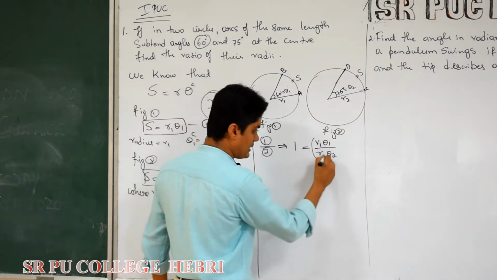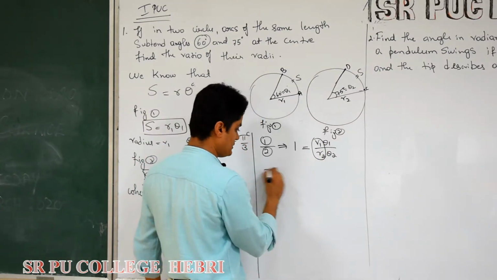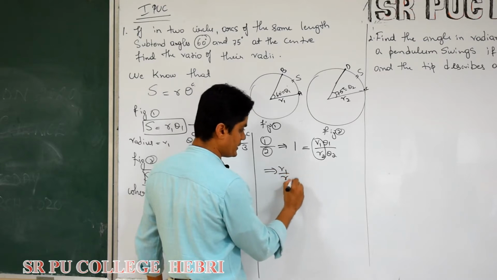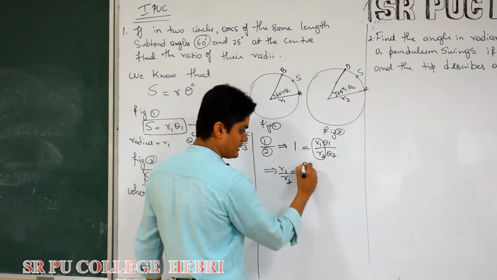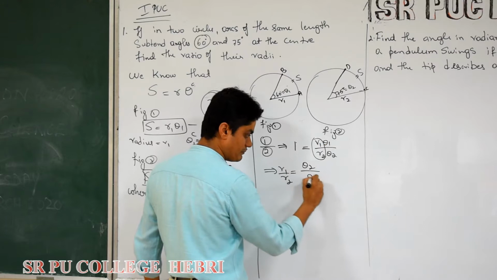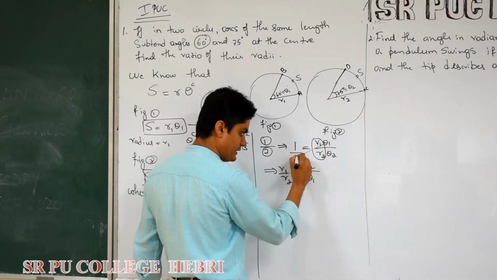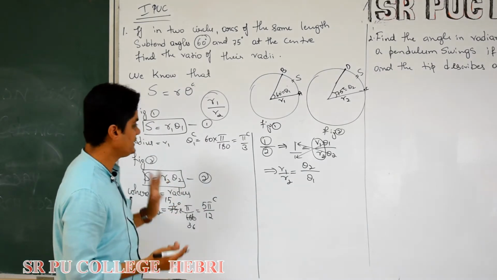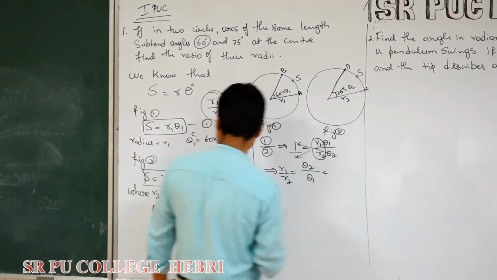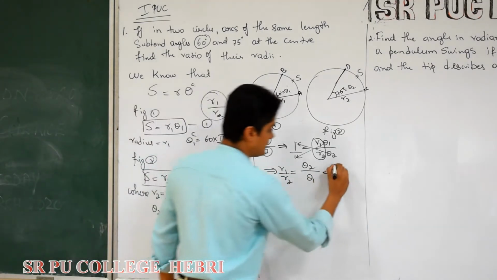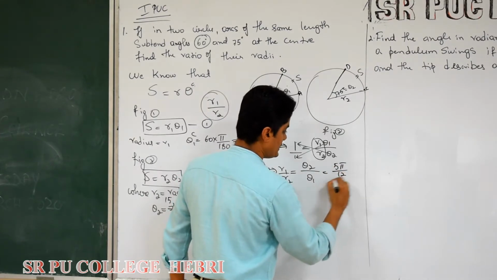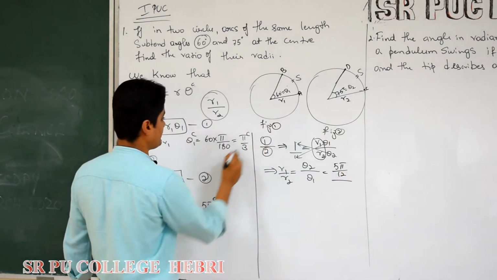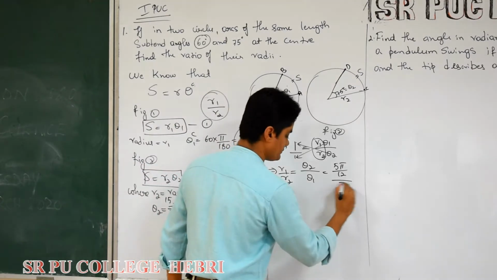What was asked? R1 by R2. So this implies R1 by R2 becomes: theta 2 will be multiplied in the numerator, theta 1 will be in the denominator. Observe this carefully. Theta 1 is known, theta 2 is known. Substitute. Theta 2 is 5 pi by 12. Theta 1 is pi by 3.